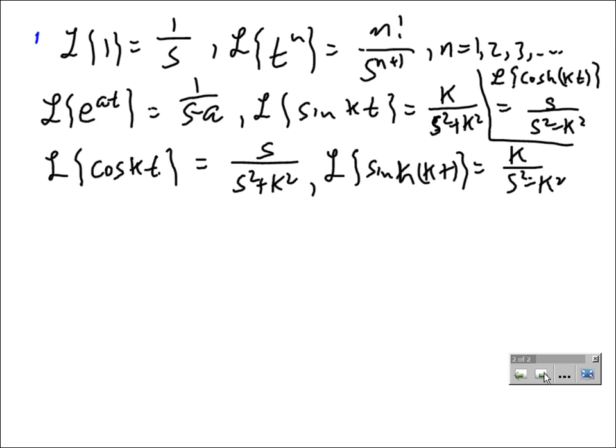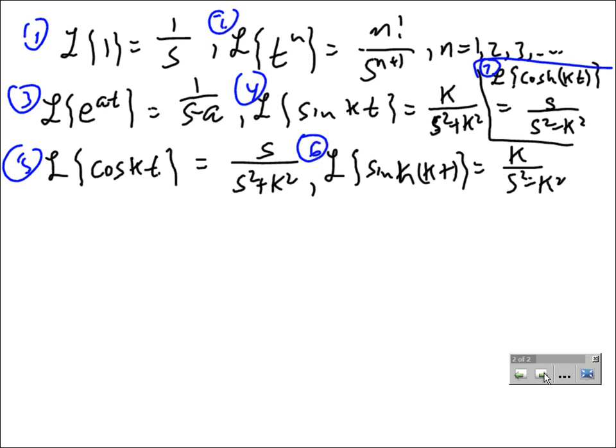So apparently we know 1 and 2 and a third one and a fourth one, 5 and 6, and the one we just did. So we know 7 Laplace transformations. Well, that means we know 7 inverses.